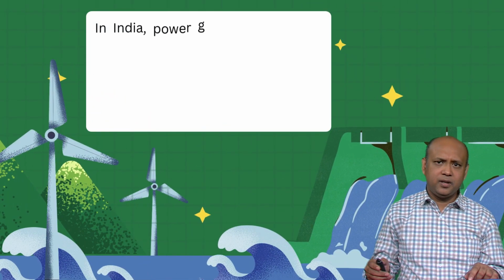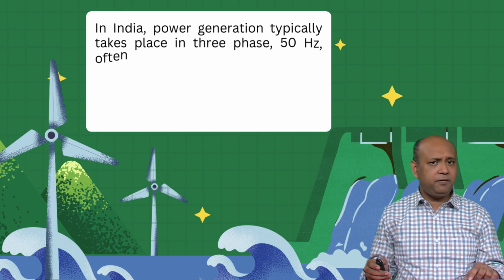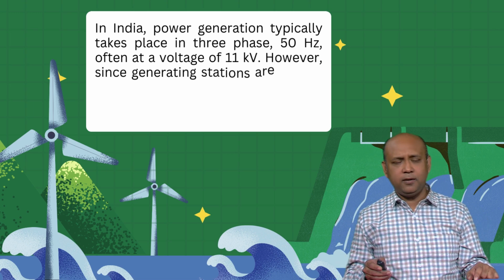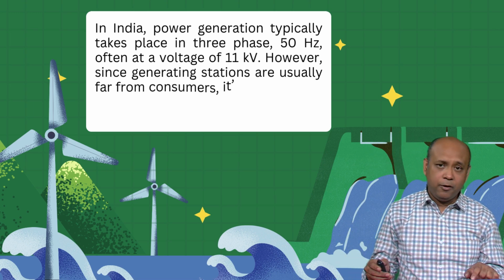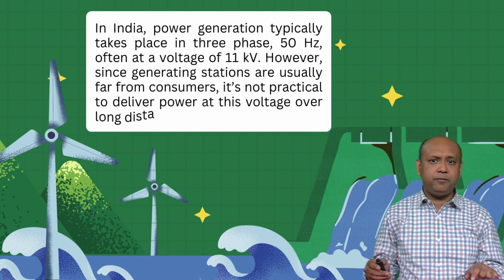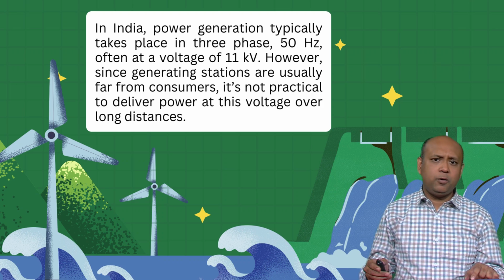In India, power generation typically takes place in 3-phase 50 Hz, often at a voltage of 11 kV or 11 kilovolts. However, since generating stations are usually far from consumers, it's not practical to deliver power at this voltage over long distances.